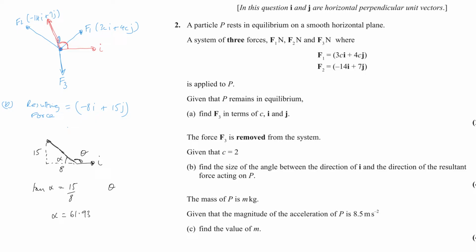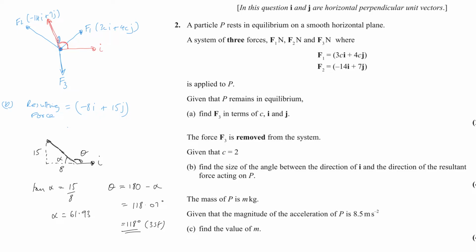And then theta, which is what we want to find, is 180 minus alpha. So minus 180 from that, and we get 118.07 degrees. It doesn't tell me what to round it to, so I can leave it like that, or 118 degrees to 3 significant figures.